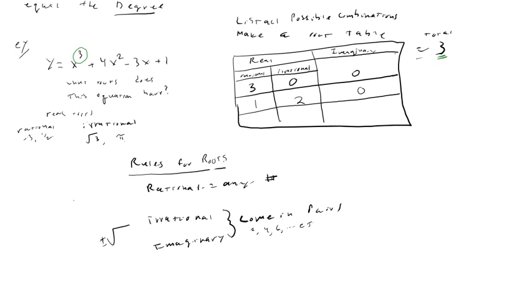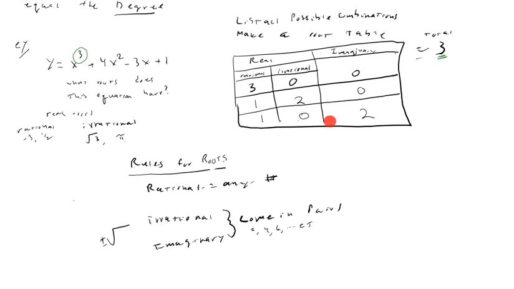I could have two imaginary. If I have two imaginary, could I have one irrational root and no rationals? Well, no, I couldn't have just one of these and none of these. This is not going to work because they have to come in pairs. So my irrational is not going to be 1. My rational has to be 1 here, and there'd be 0 there. And so following these rules, where my irrational and imaginary come in pairs, these are the only combinations I can have for my roots.